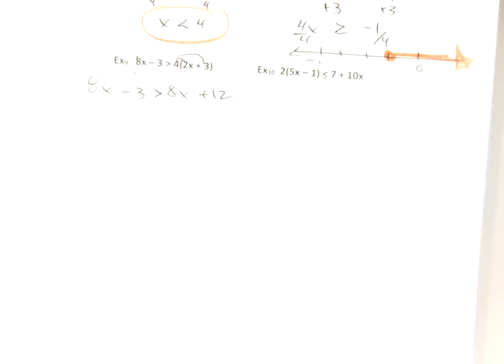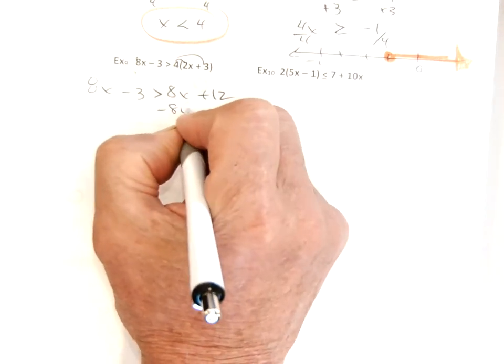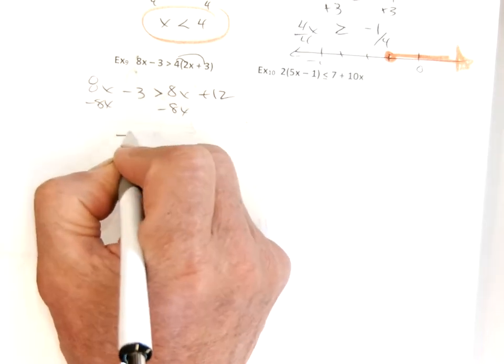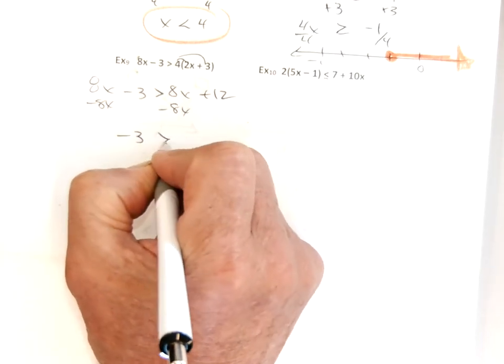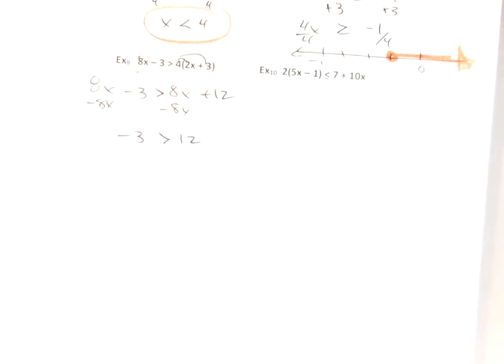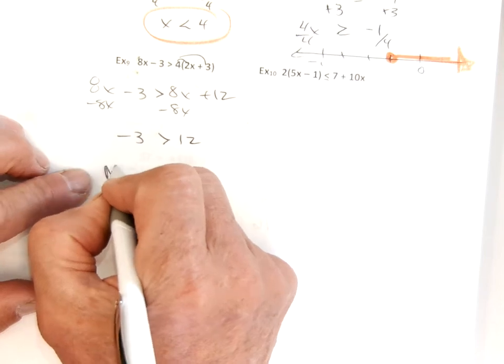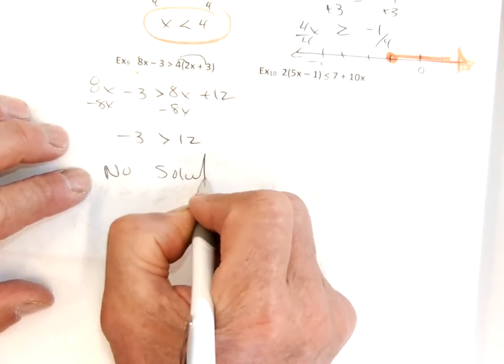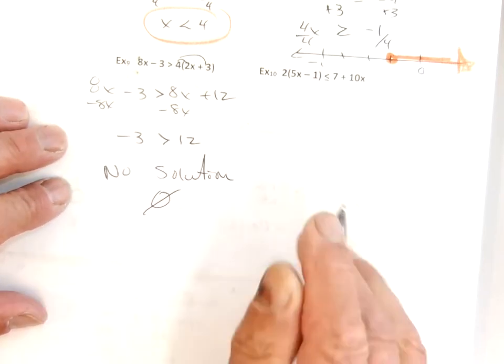So let's get rid of the smallest x, but they're the same, right? There you go. So if I go minus 8x, I get negative 3 is greater than 12. Is negative 3 greater than 12? No. Will it ever be? No. It'll never be. So what's the answer? No solution. And I like this symbol, the empty set.